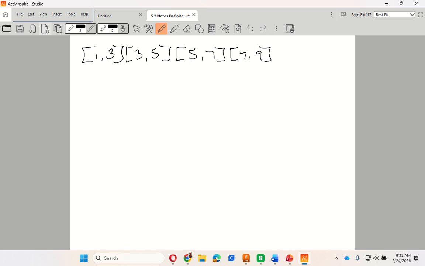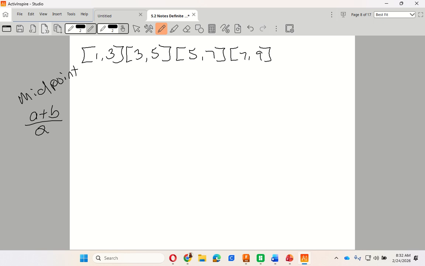And midpoint is a plus b over 2. Midpoint is going to be a plus b over 2.